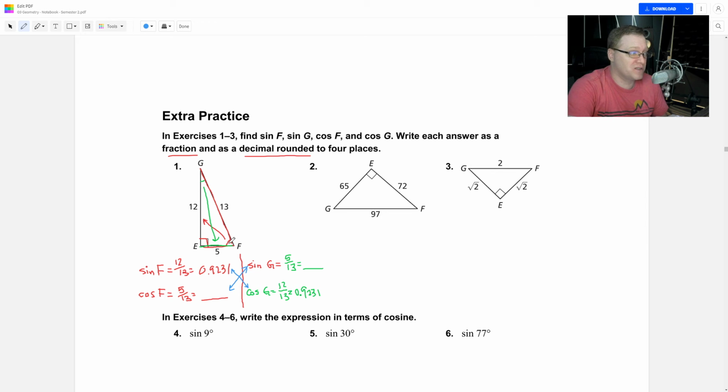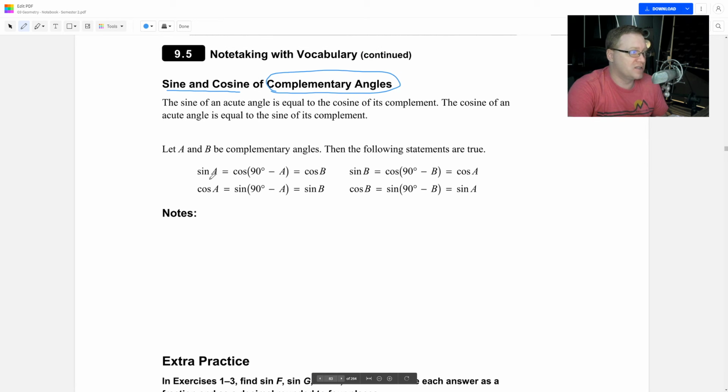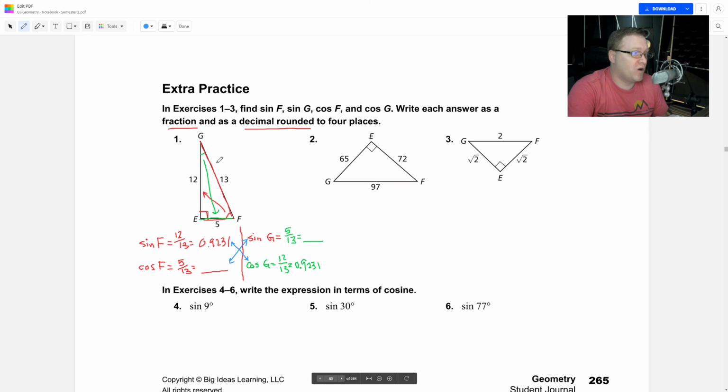This is telling us that the sine of an angle, let's say A is 30 degrees, equals the cosine of 90 minus 30, which is 60. So the sine of 30 equals the cosine of 60. That's always true.